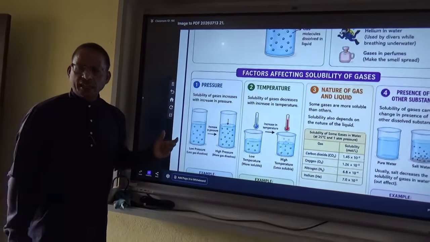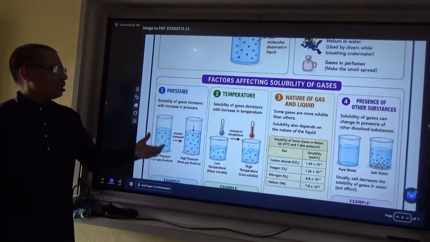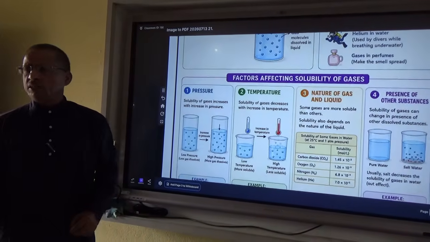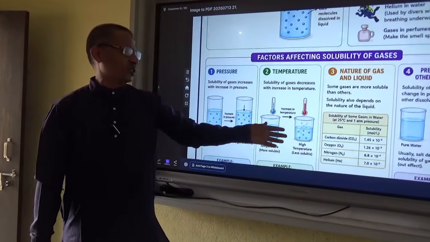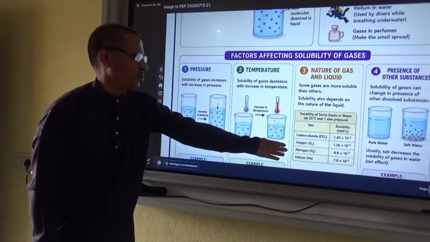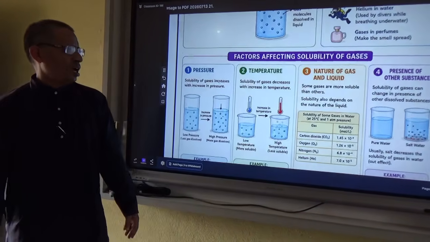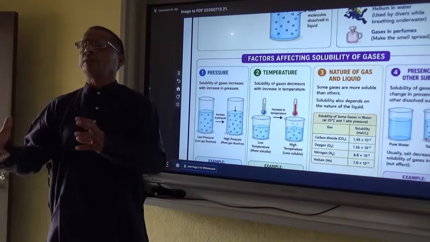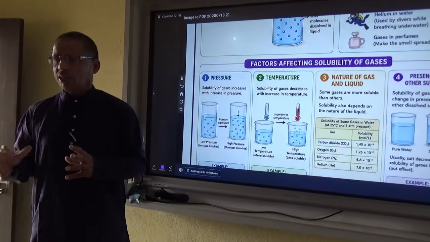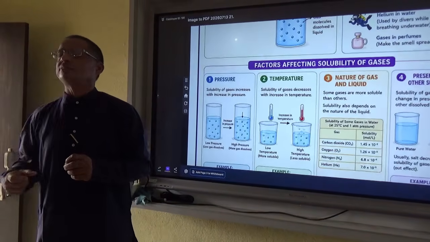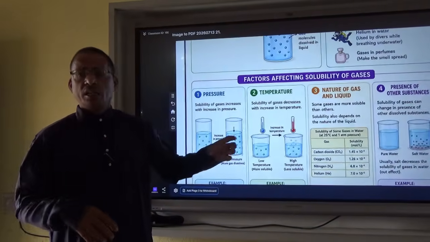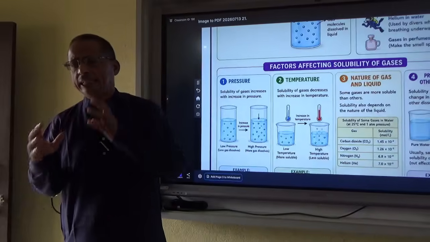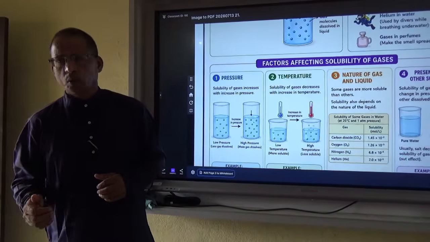If the pressure is high, the solubility increases. The nature of gases we also discussed, how soluble they are. If other substances are present in the solution, the solubility is also affected. Okay.